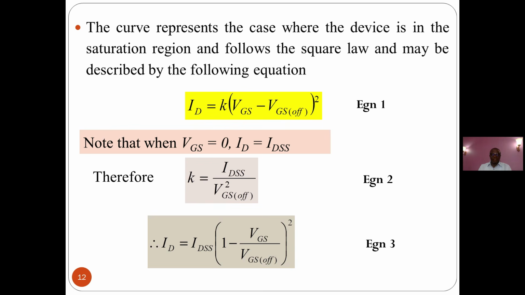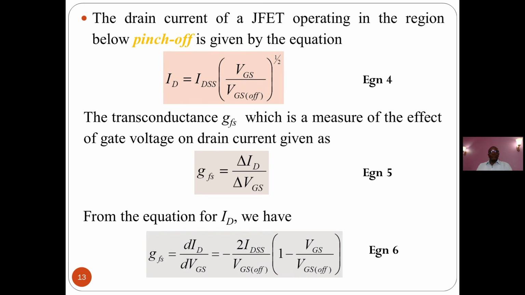So we have succeeded in eliminating the unknown, which is K. So this drain current of a JFET operating in the region below the pinch-off is given by the equation.